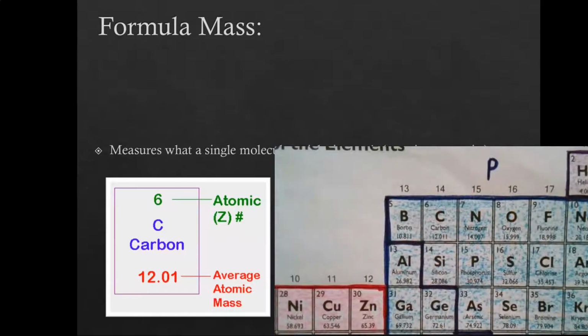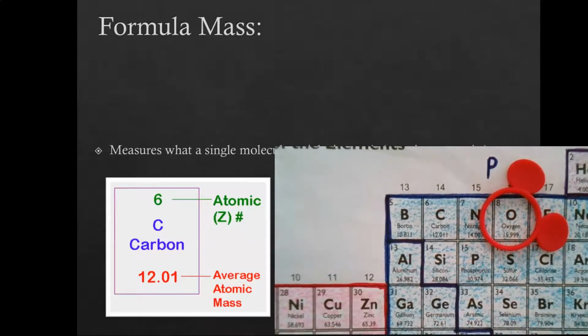So we'll start by looking over here in the P block. And if we look at oxygen, what we find in the box with oxygen is in the upper left-hand corner, there is a number 8. And that 8 represents the atomic number, or the number of protons that are in oxygen. Underneath the symbol O, we find the term oxygen to tell us its name. And beneath that is a number 15.999.